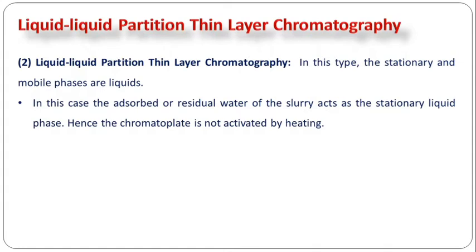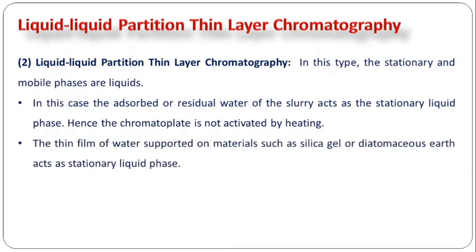Whatever the adsorbed water or moisture present on that slurry acts as a stationary phase. That's why the chromatoplate should not be heated in the oven. That residual water must be kept as it is because it acts as a liquid stationary phase. The thin film of water supported by the silica gel or diatomaceous earth acts as a stationary phase.